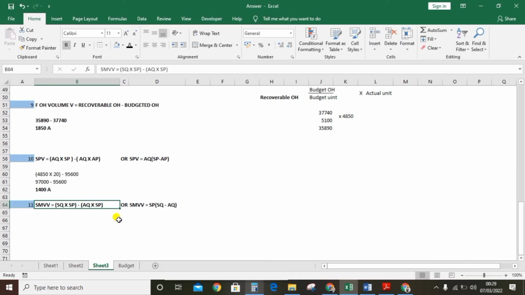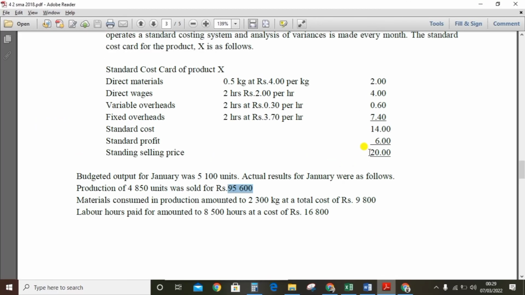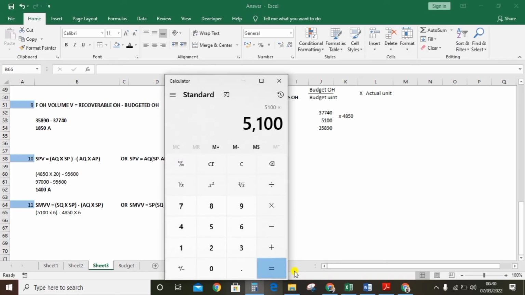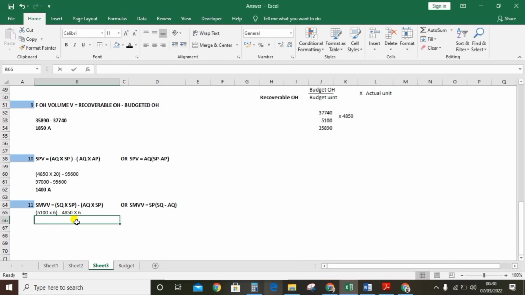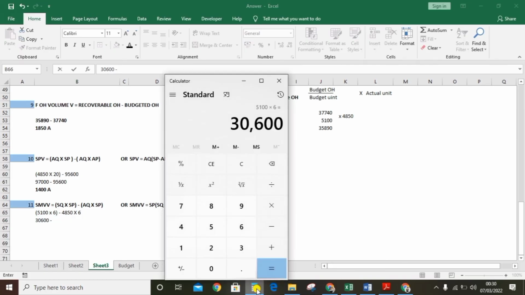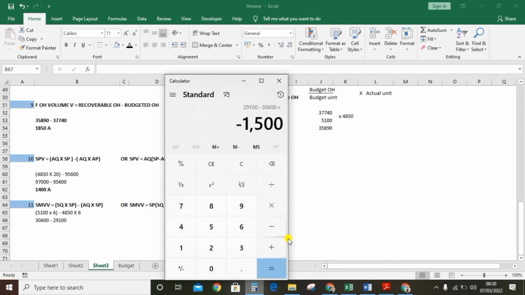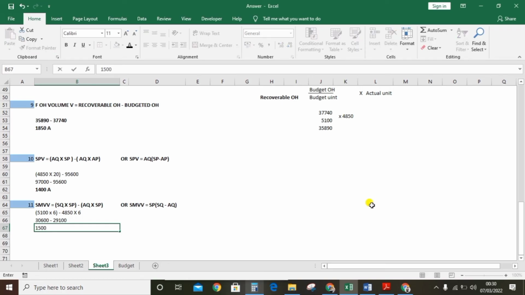So SQ 5,100 into standard profit 6 rupees, minus AQ 4,850 into SP 6. So here 1,500 is adverse.